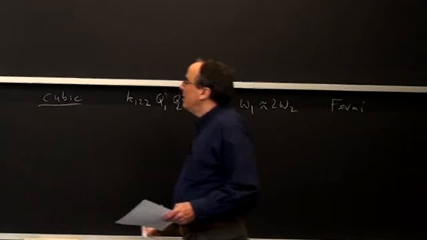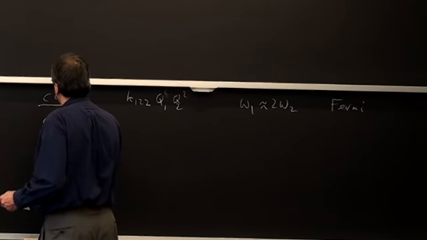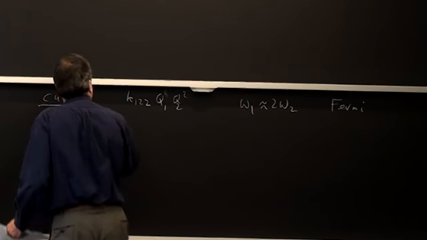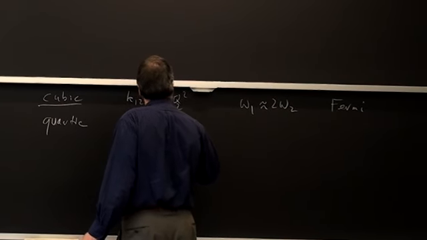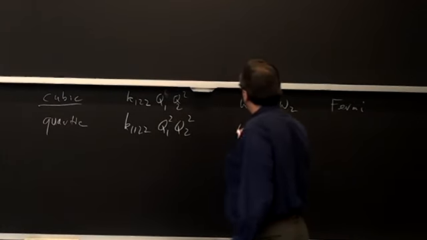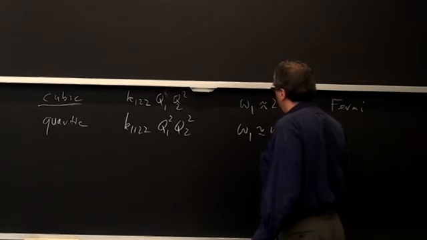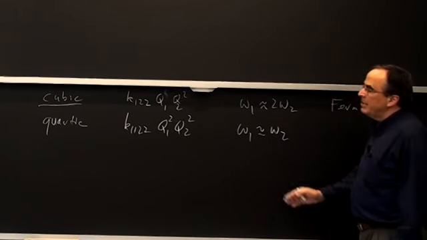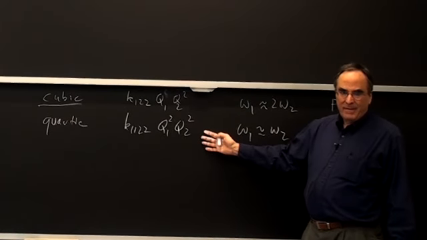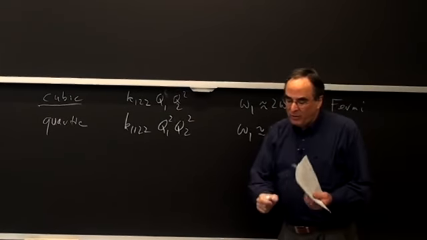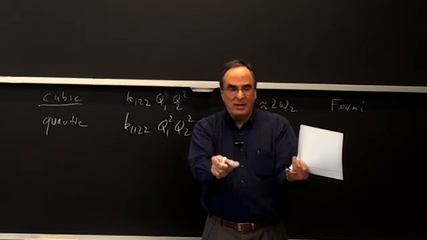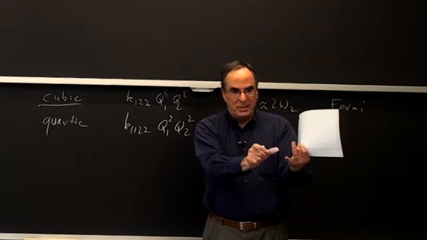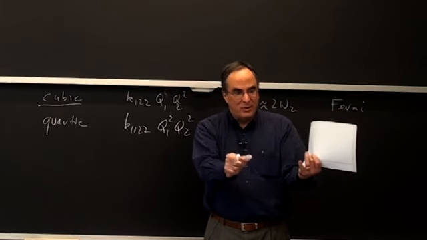And there are many quartic terms. One of them would be something like this, where omega 1 is approximately equal to omega 2. This is even more common because whenever you have two identical moieties in the molecule, they're going to give rise to local frequencies that are equal.